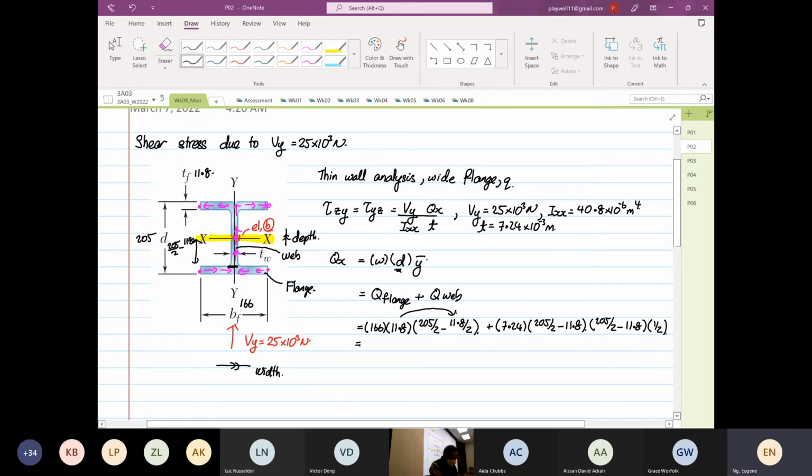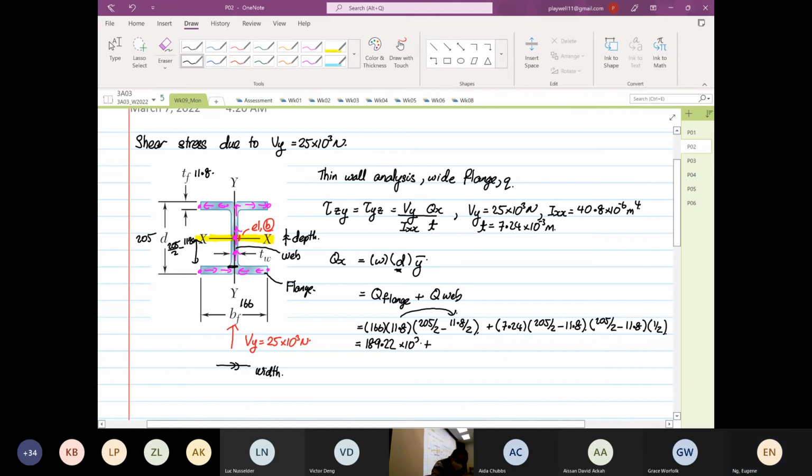So 205 divided by 2 minus 11.8 divided by 2, times 11.8, times 166 is equal to 189.22 times 10 to the power 3. I'll do it again. 205 divided by 2 minus 11.8 divided by 2, times 11.8, times 166, gives 189.22.